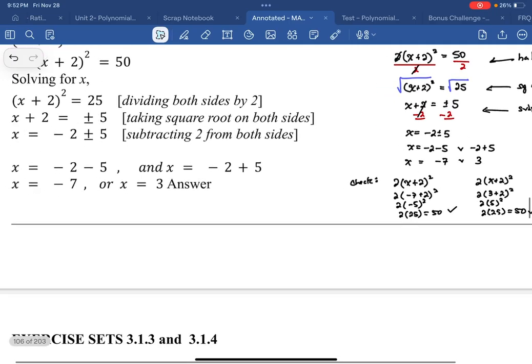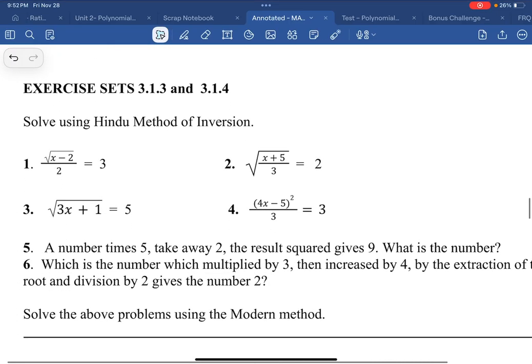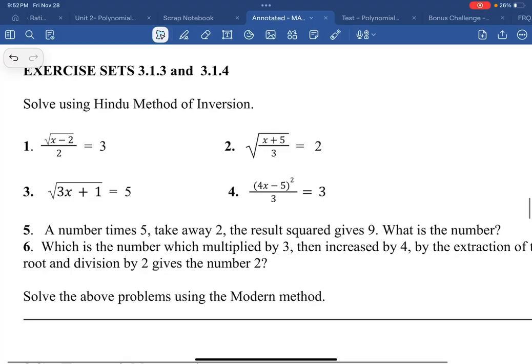So that's a very long way of saying that whether you do it with the Hindu method of inversion or the modern method, you're really doing the same thing. So there's no need to do these problems each twice. You can just do them the way I showed you in the video one time, and you've satisfied both requirements. All right, so again, that's 313 and 314.